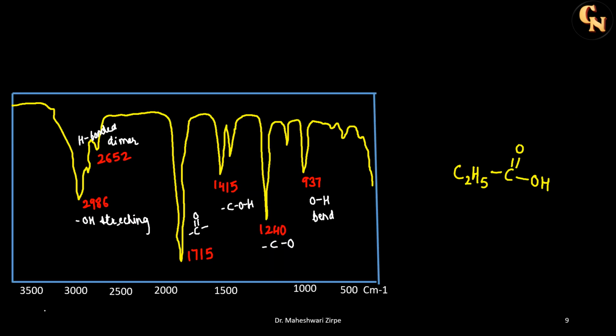So now let us understand the chart. Whatever IR spectra is given, for example, if you get such a type of IR spectra, let us understand which molecule it may be. I have already shown the molecule on the screen. Let us understand each signal of the IR.